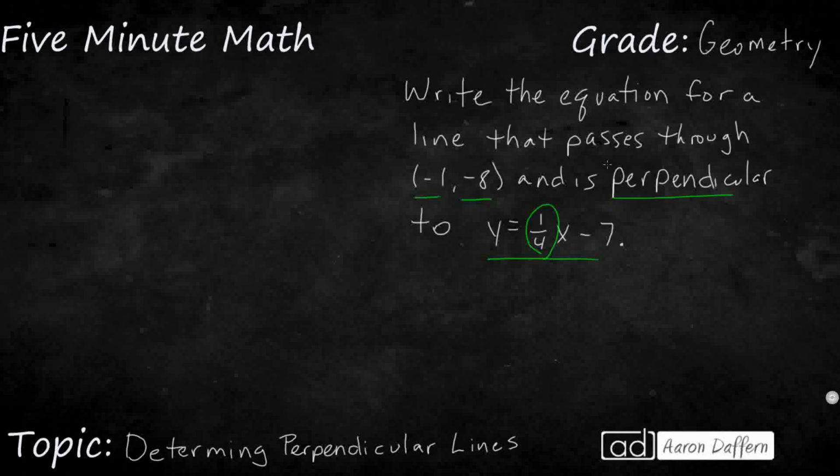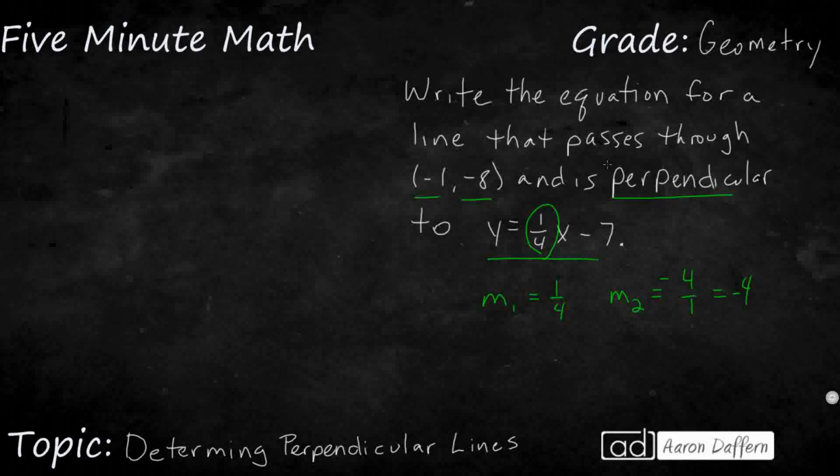So remember, our perpendicular line needs to have a negative reciprocal slope. So if my original slope is 1/4, then my new slope is going to need to be first the reciprocal. So it's going to be 4 over 1, which really we can just call 4, and it needs to be a negative.